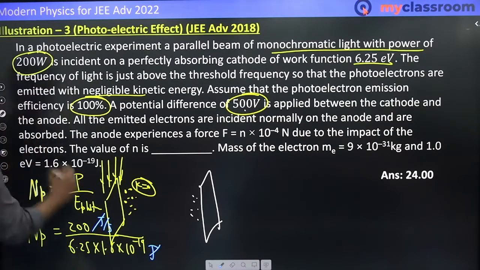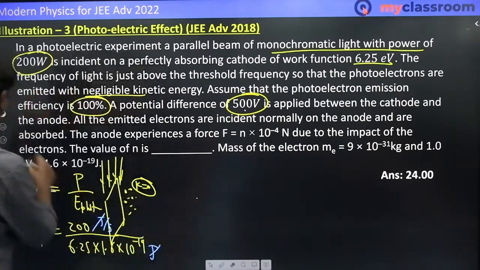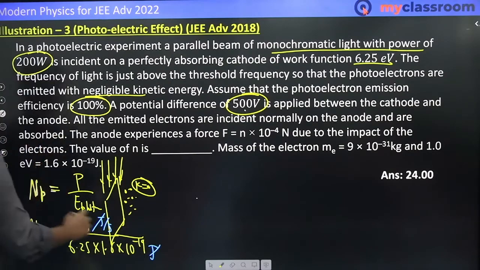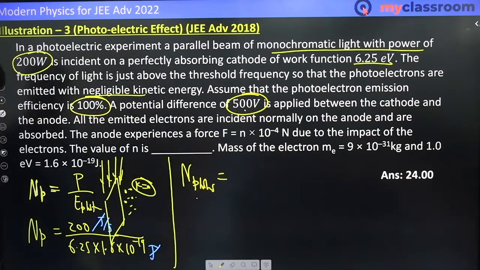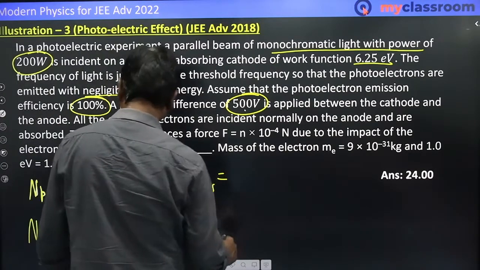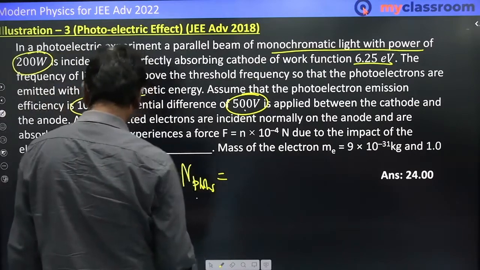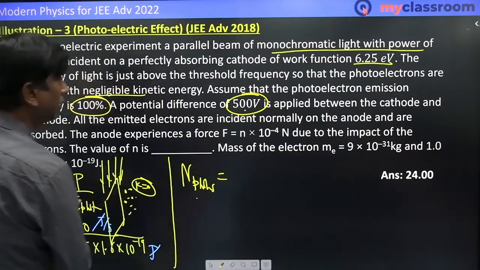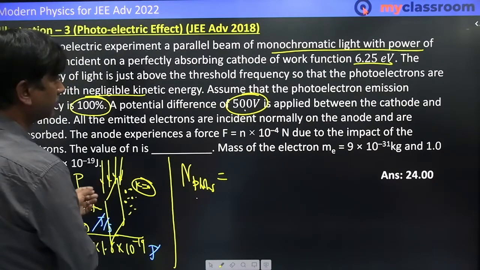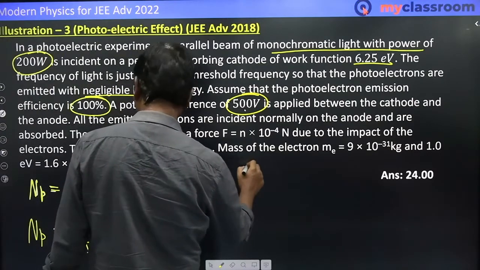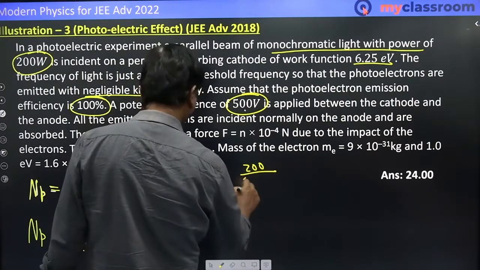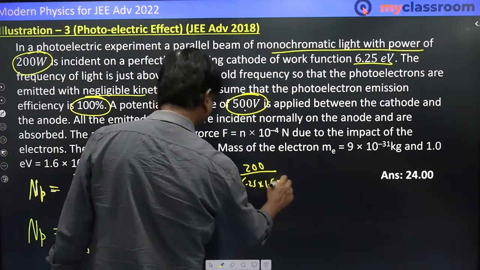So how much is this? First let us calculate these things. 200 by 6.25 into 1.6 into 10 power minus 19.